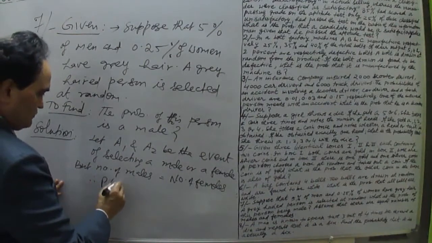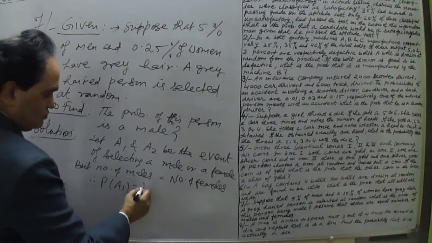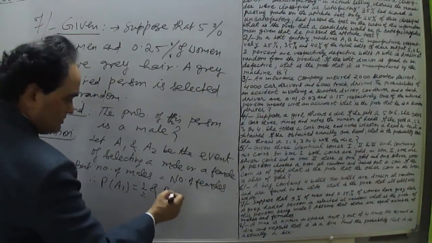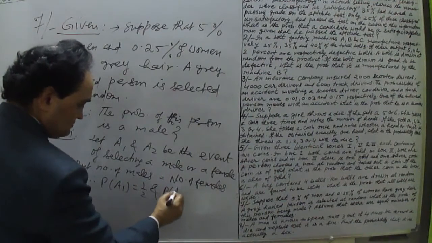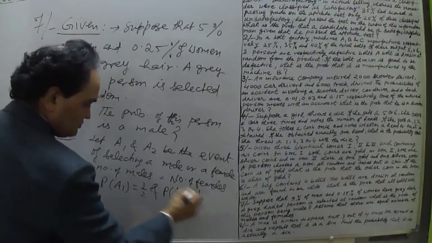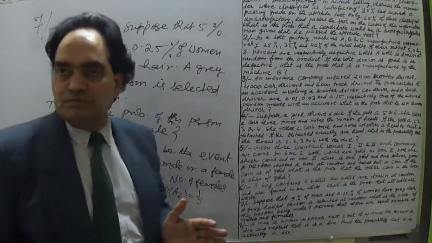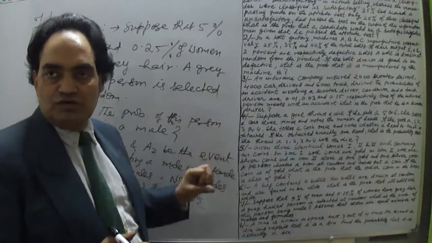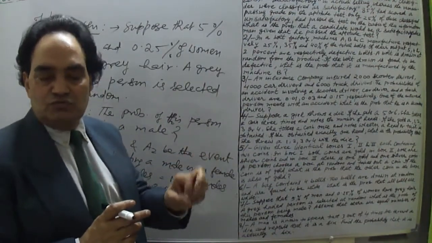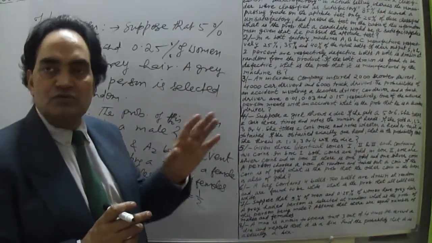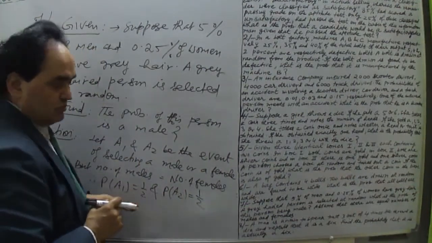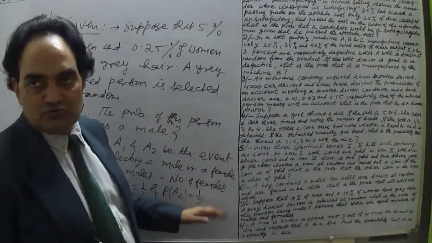Therefore, probability of A1 is 1/2 and probability of A2, selecting a woman, is also 1/2, because both are equal in number. Equal number means suppose 2 men and 2 women, 2 upon 4, which is 1/2 in each case.